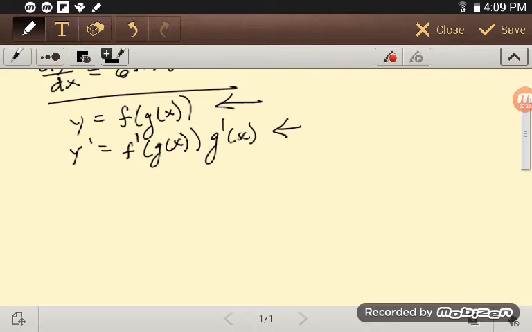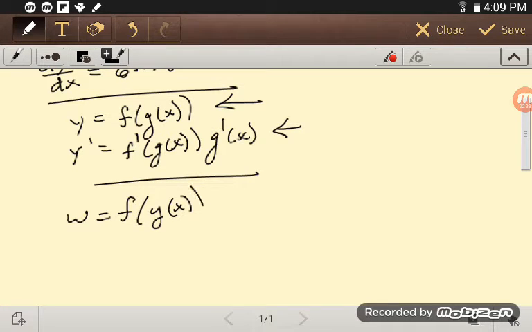What happens is all of a sudden you have something like, let's pick a different letter, w is equal to some function of y of x, like that.